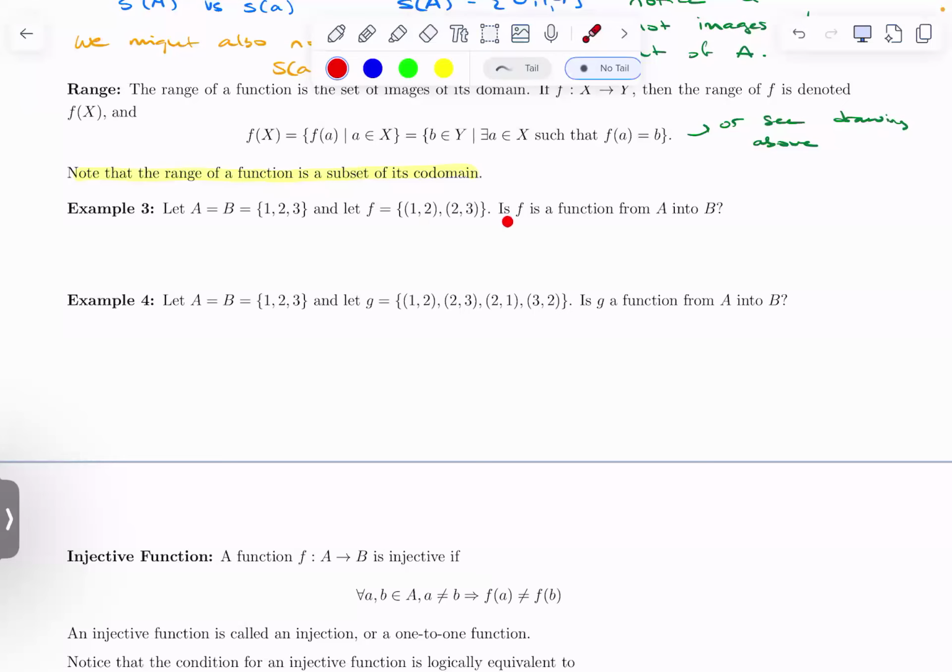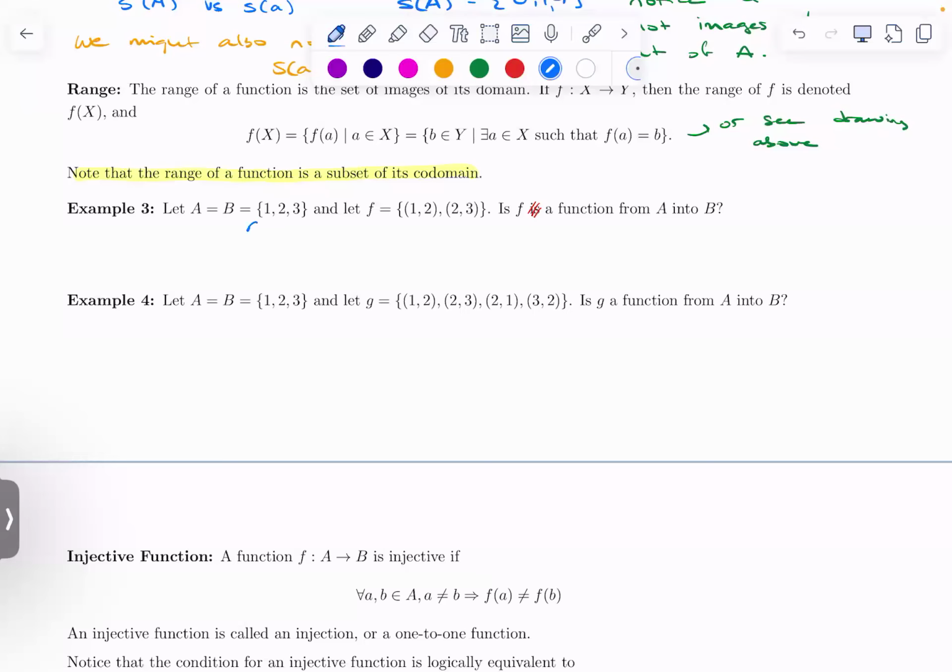We want to know, is f a function from A into B? 2 rules, right? Every element in A has to be used, and it can map to only one element in B. Okay. So let's draw it out.